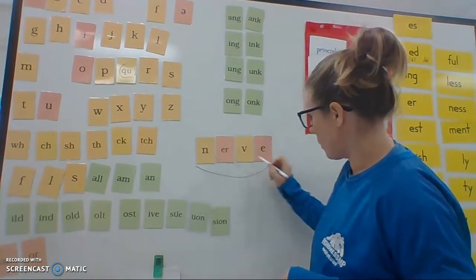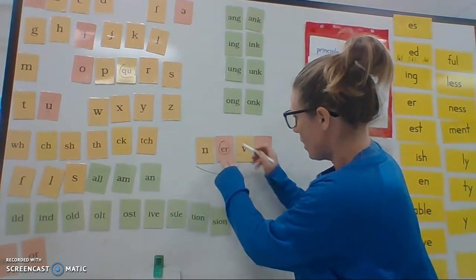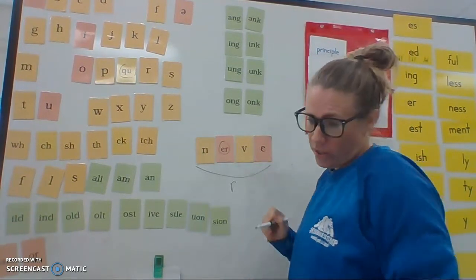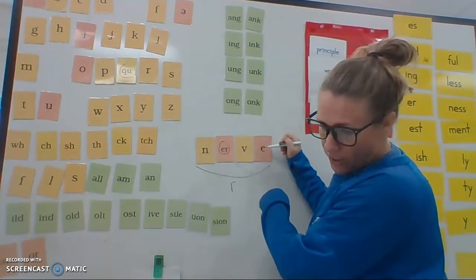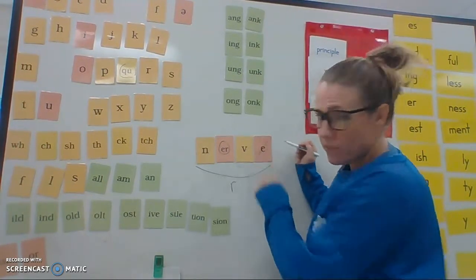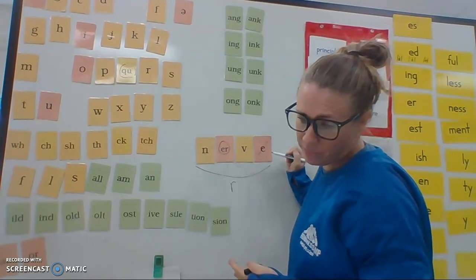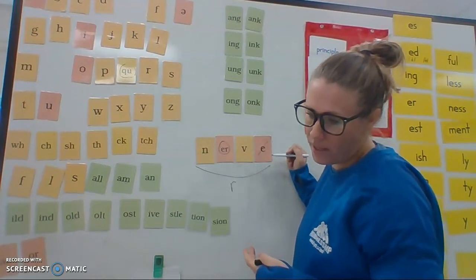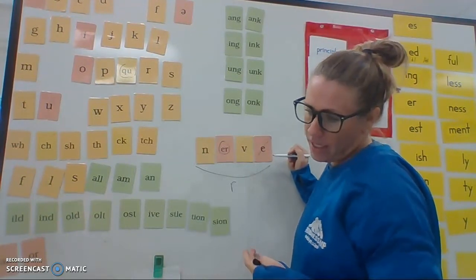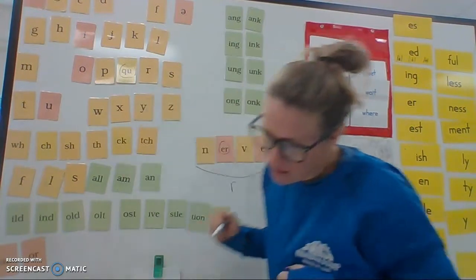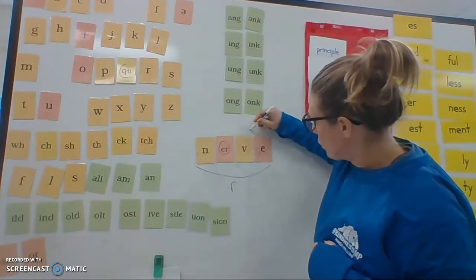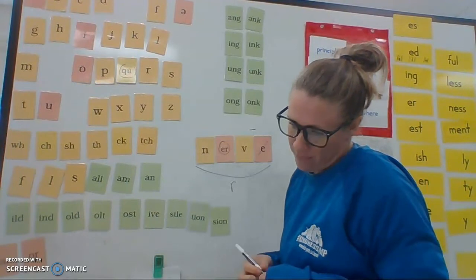So one syllable, we would still circle the ER and label it as R. It doesn't matter that this E is here. So we cross off the E to show that it's silent. And we actually kind of put this little line over it to show that it's ending in the V.